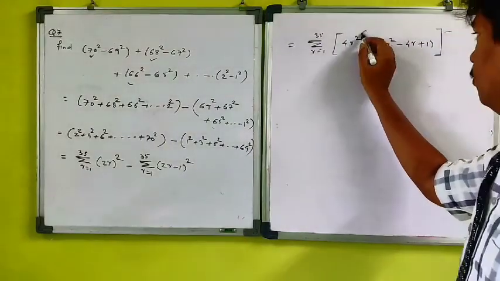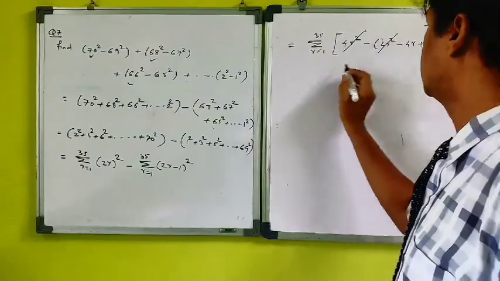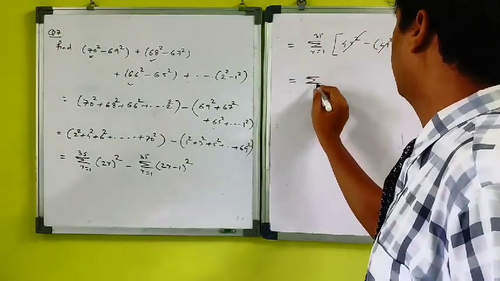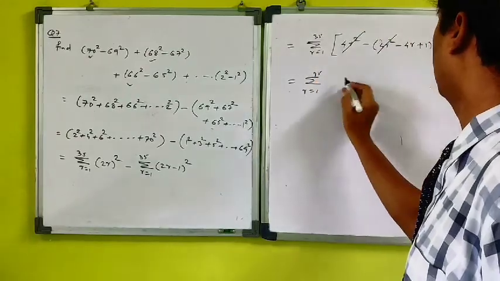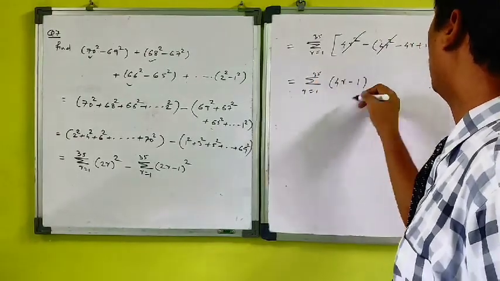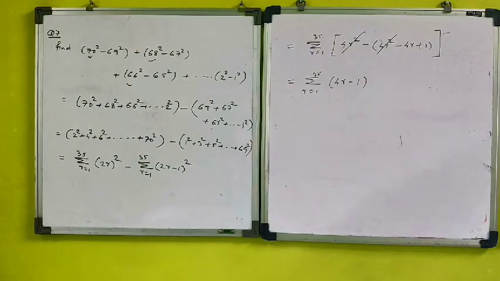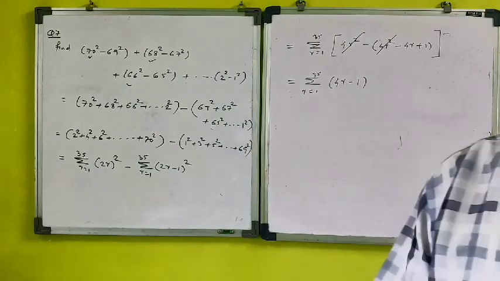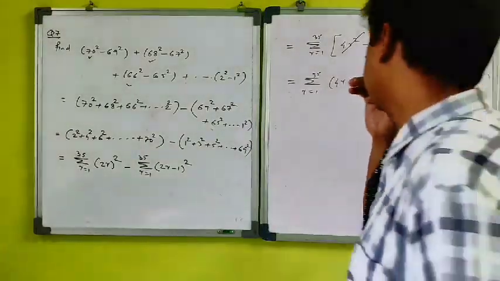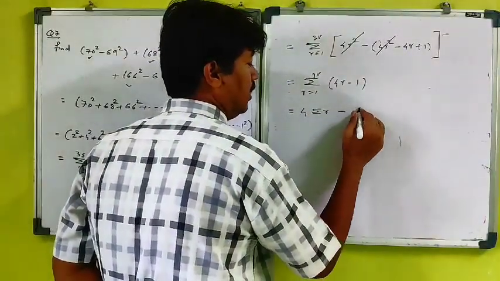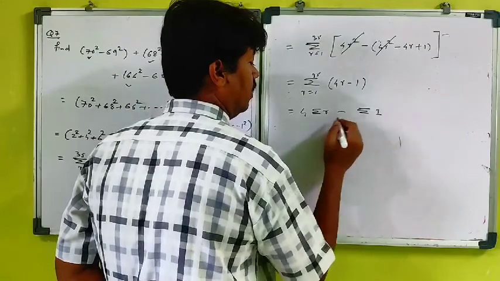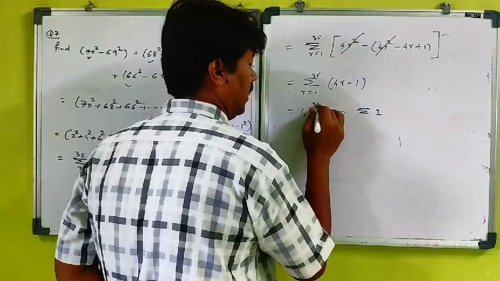And then you have to subtract. So 4r square gets cancelled. So it is sigma r from 1 to 35, 4r minus 1. So 4r minus 1 means it is 4 sigma r minus sigma 1, from 1 to 35.